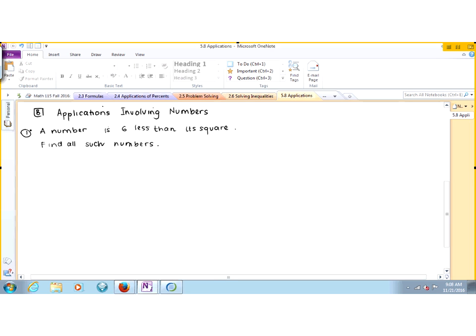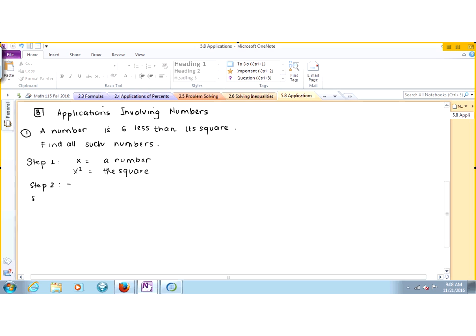So a number is 6 less than its square. So how would I write that down? What is a number? What is x? X is a number. What about its square? What is the square of the number? It's x squared, right? Good.